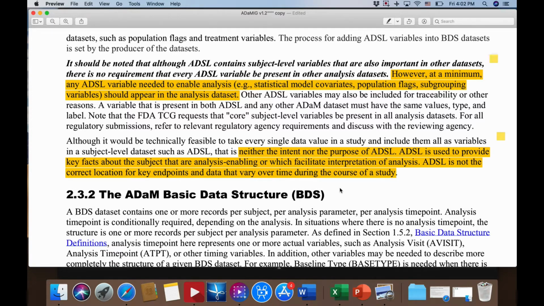I see many studies where the ADSL dataset is really big, more than 100 or 200 variables. That's not efficient from my point of view. You can move some of those variables out of ADSL to make it more efficient.